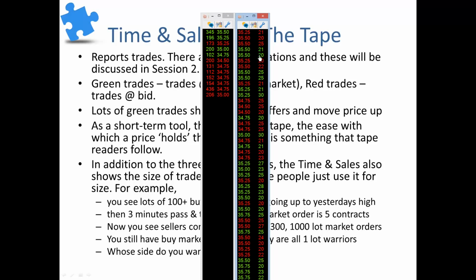The other sign of a reversal is sellers stepping in. That's pretty easy. We'll be moving up with mostly green, and then we're going to see a sudden rush of red prints with prices moving down as a result. It's not enough to just see the red, because when sellers step in, they could get trapped.